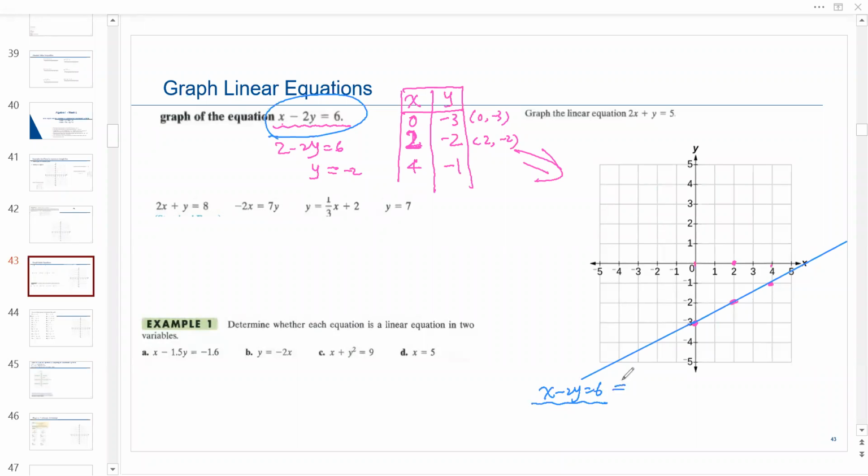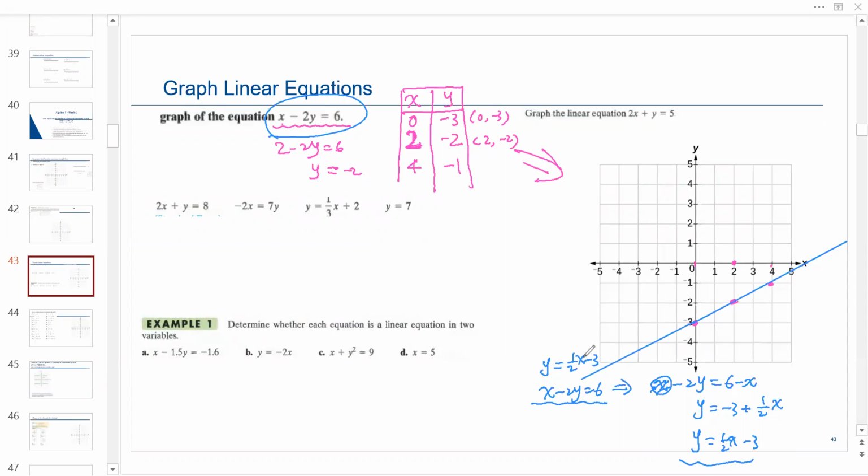Of course, we can also transform it properly. Let's transform it. x minus 2y equals 6. We move the x to the right, and divide both sides by -2. So we write it this way: y equals half x minus 3.